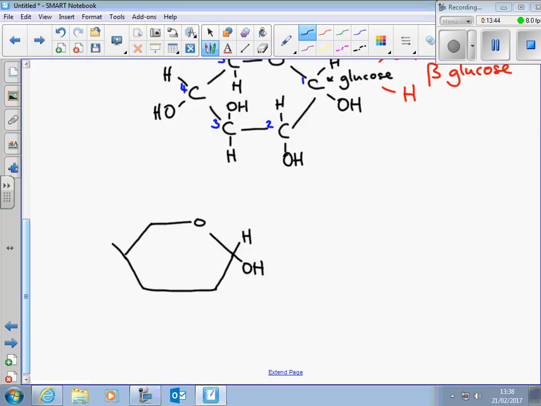All right, so this is not a standard skeleton diagram, is it? Because I've missed off the OH's, which would be there on a skeleton diagram, that are on carbons 2, 3, and 6. All right, but that's alpha glucose, the standard abbreviation. Whereas for beta glucose, we just want those the other way up.